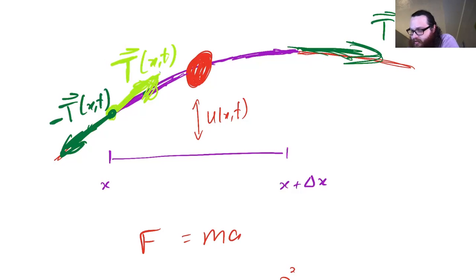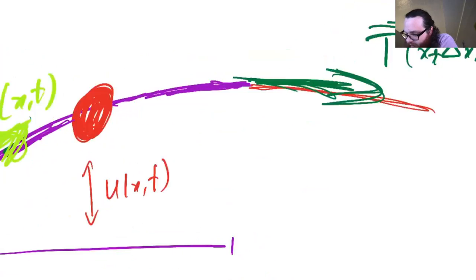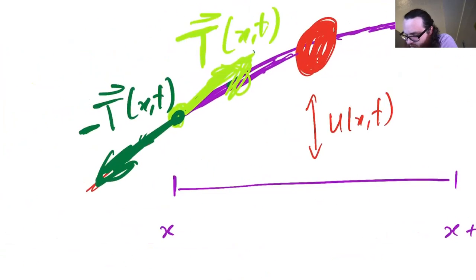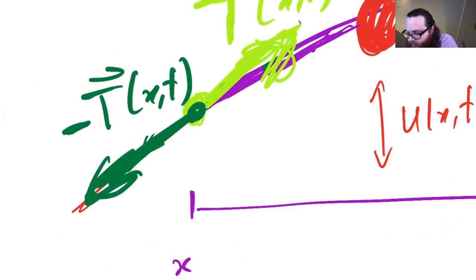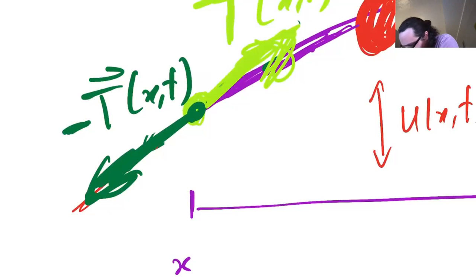So what does this mean for us? Well, if we zoom in here, for example, this vector will have horizontal and vertical components. For us, all we want is the vertical component.